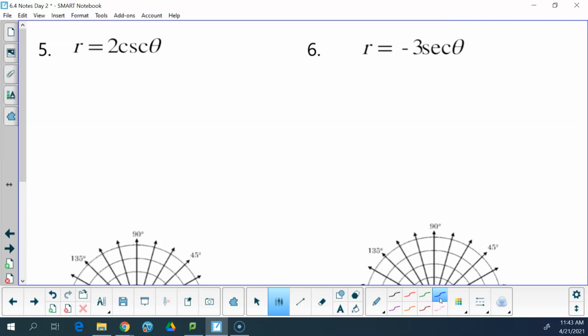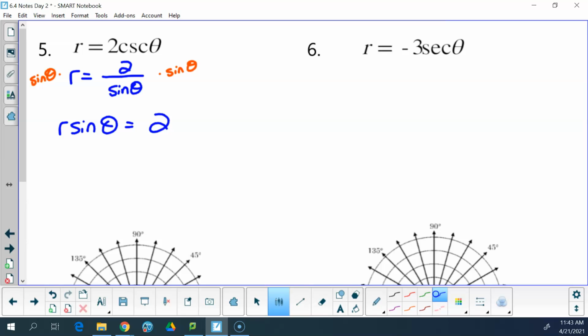Sine, yep, because everything needs a co. So this is really r equals 2 over sine of theta. Now I can multiply both sides by sine of theta, and that's going to give me r sine of theta equals 2.